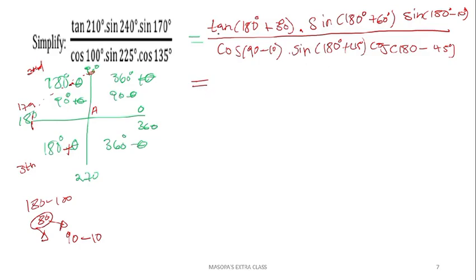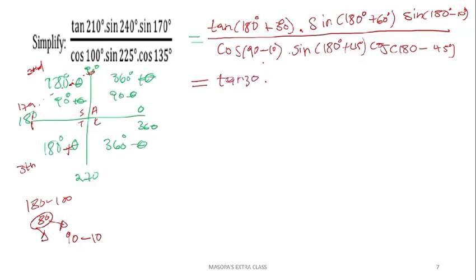Right, then you reduce it. When you say tan 180 plus 30 degrees, that means all students take care, tan is positive in that quadrant, so you're going to have tan 30.